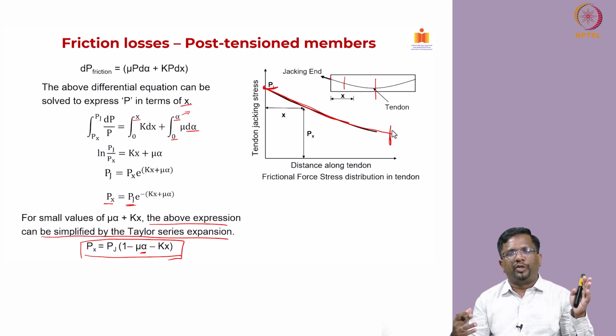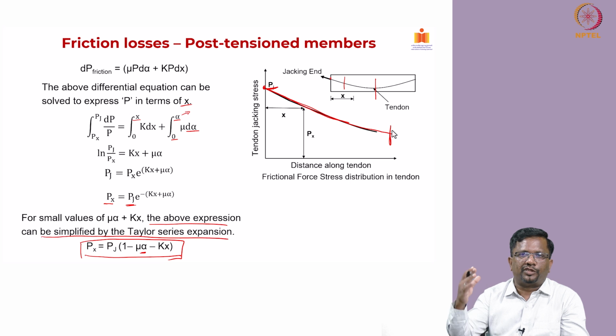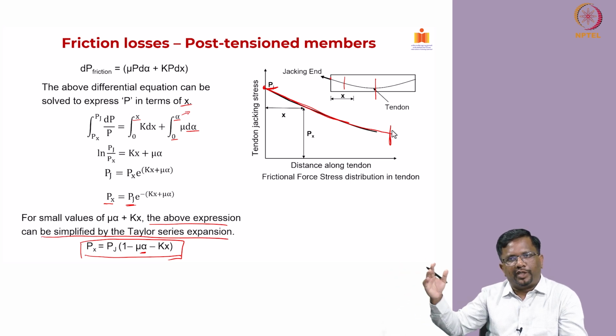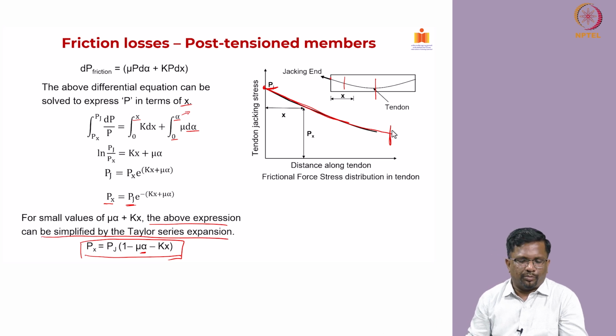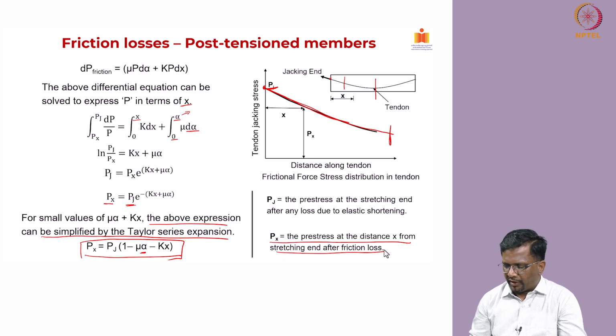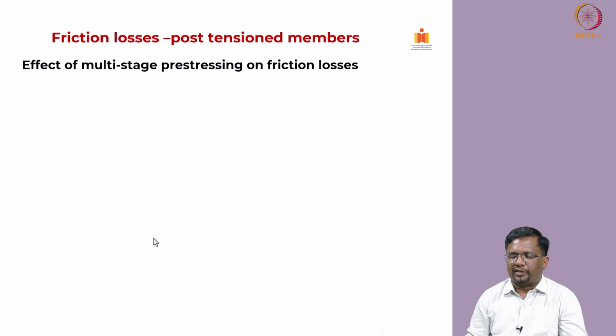Then, though you may apply at one end 75% of your ultimate strength, at the other end you may end up with a much less significant pre-stressing force that may lead to some performance issues from the design point of view. Right. Now, Px is the pre-stress at distance x from stretching, after all the friction losses. This kind of simple expression can be used for calculating the loss. In fact, for post-tension systems, friction losses can be quite significant if you are not careful.